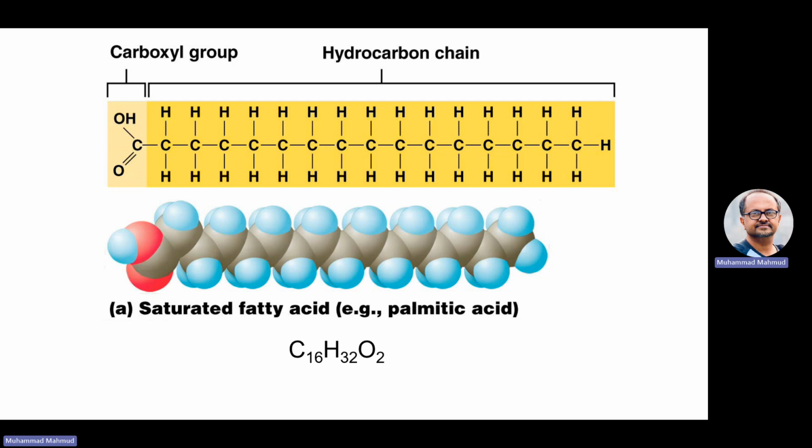And between the carbons, the only thing we can find is single bonds. No double bond here. Again, if these are all single bonds, that is saturated. And most animal fats are like this. Not good for health. The unhealthy fat is this saturated one.